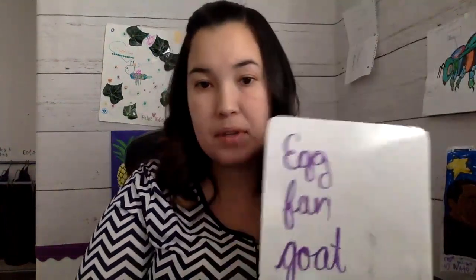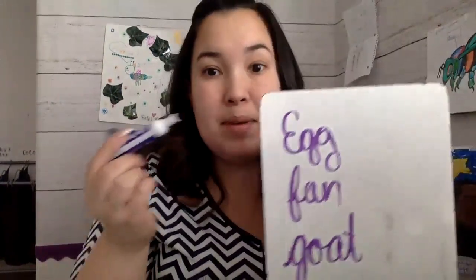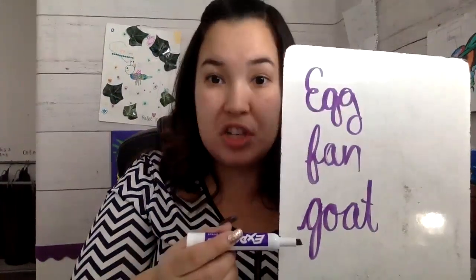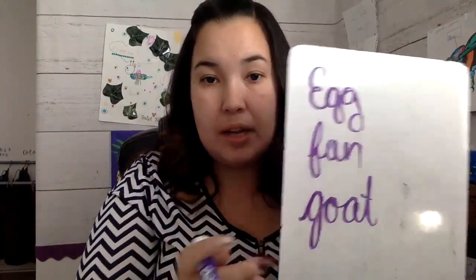Now, if I were to sing the alphabet, E would come first, and then F, and then G. So it's alphabetical order. A, B, C, D, E, F, G. E, F, G. It's in alphabetical order.